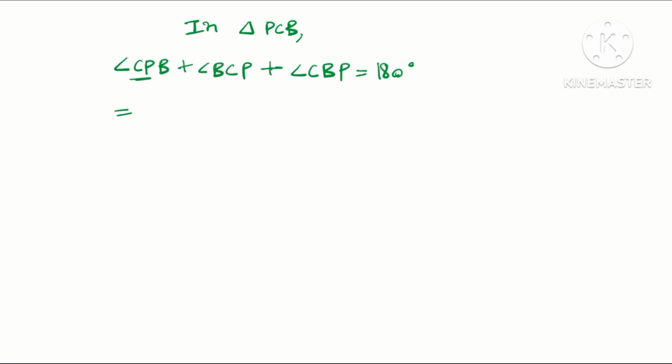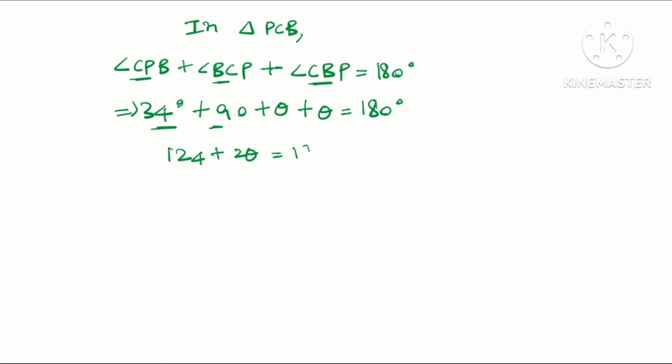So angle CPB is 34 degrees, plus angle BCP is 90 plus theta, plus angle CBP is theta, equals 180 degrees. 34 plus 90 is 124, plus 2 theta equals 180. So theta is 28. So we got angle ACP equals theta equals 28 degrees.